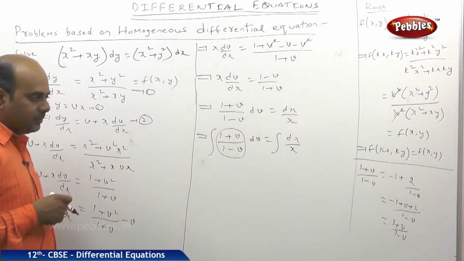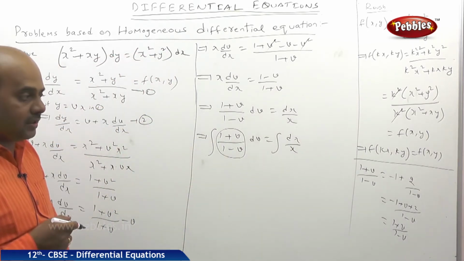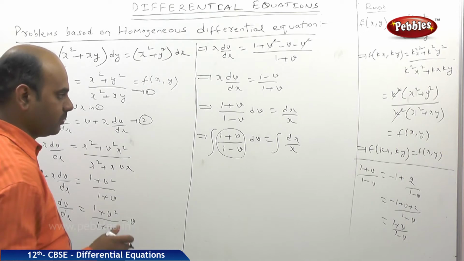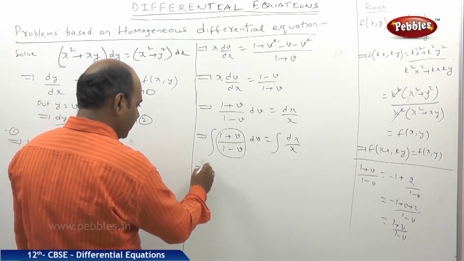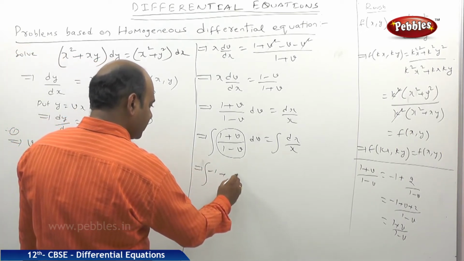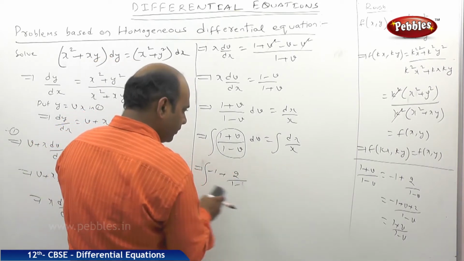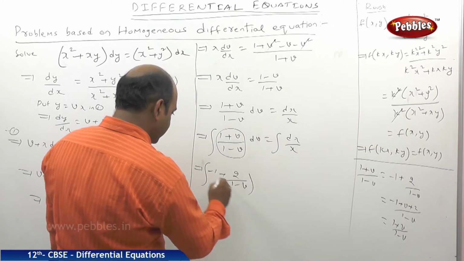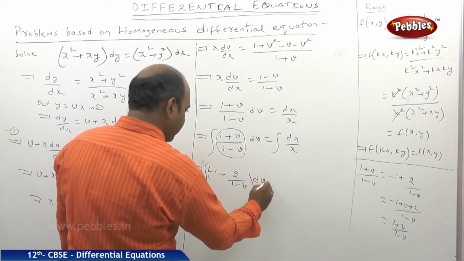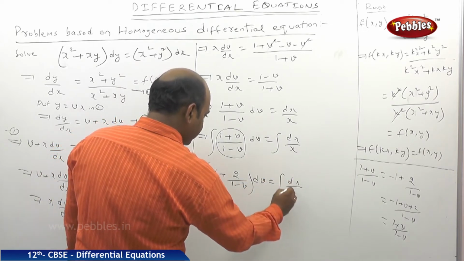Yes, so we got this kind of technique, I said, in indefinite integration also. So this can be written as integral of minus 1 plus 2 upon 1 minus v dv is equal to integral of dx by x.